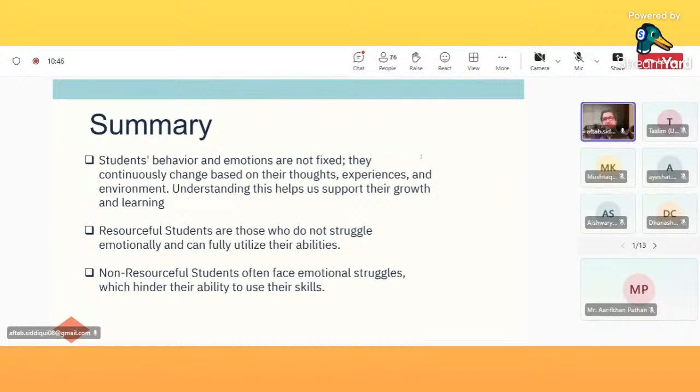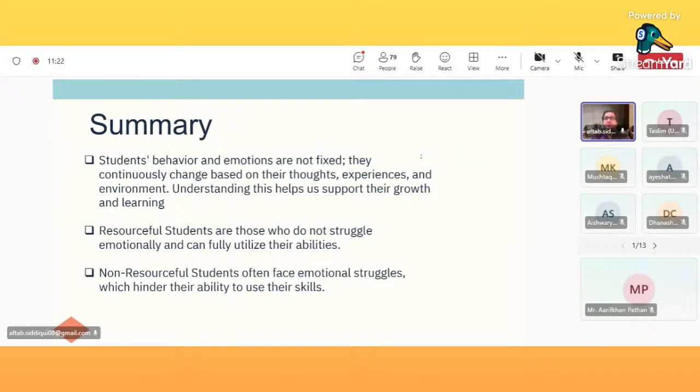They can manage their stress very well, keep themselves motivated, and apply skills like problem solving, critical thinking, and decision making in their academic and clinical settings. Their emotional stability allows them to adapt, stay focused, and perform under academic pressure. Those are resourceful students who can manage their emotions very well.